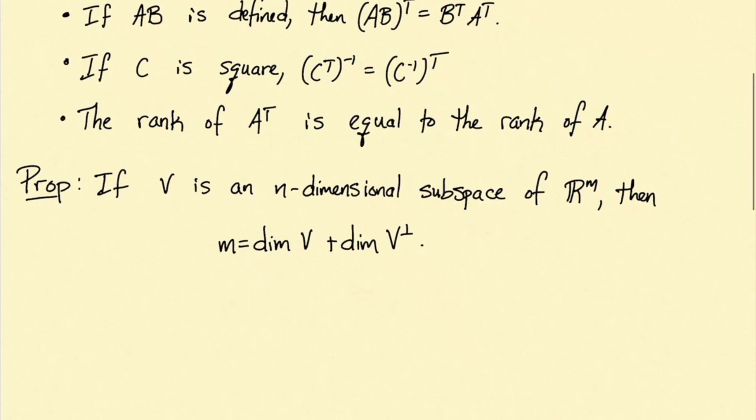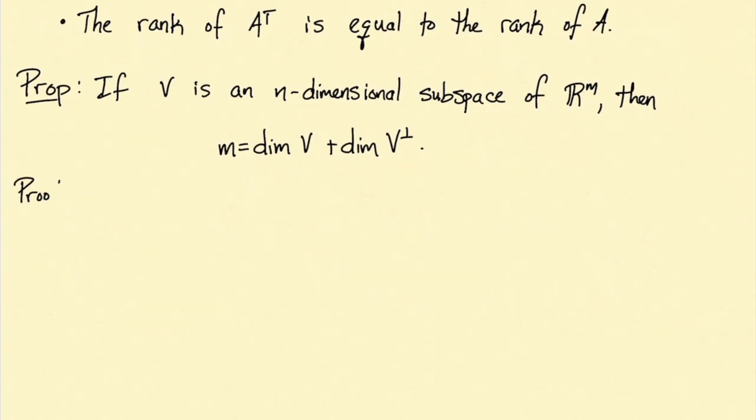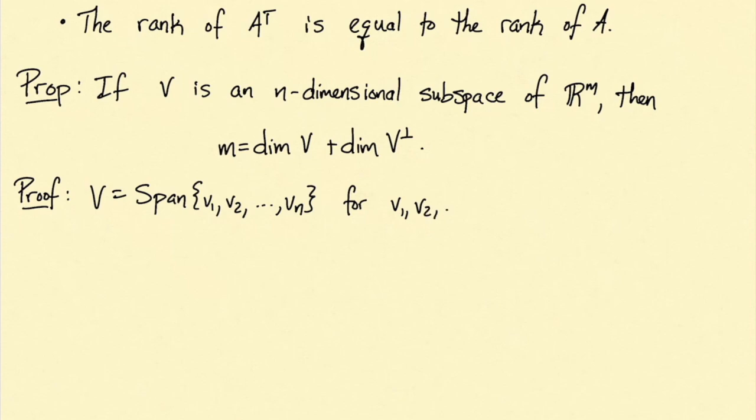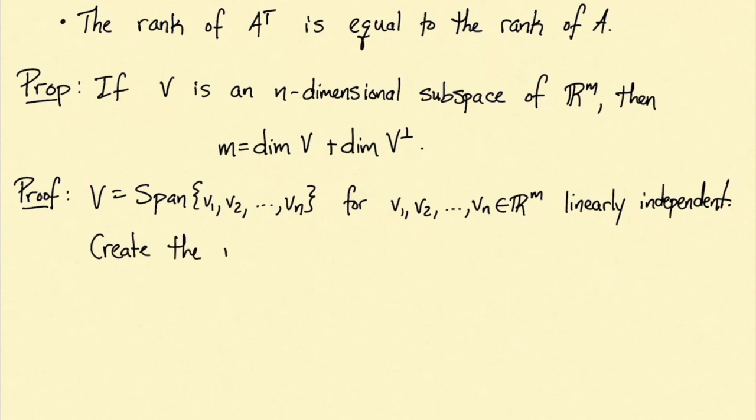To see why this is true, first write down a basis for V. Since V is an n-dimensional subspace of R^m, there exist n linearly independent vectors so that V is equal to the span of the vectors v1, v2, down to vn. We can use these basis vectors to create an m by n matrix A with columns v1, v2, down to vn. This allows us to view V as the column space of the matrix A.